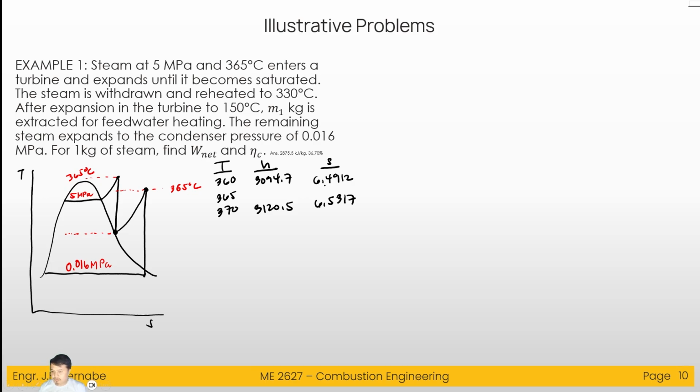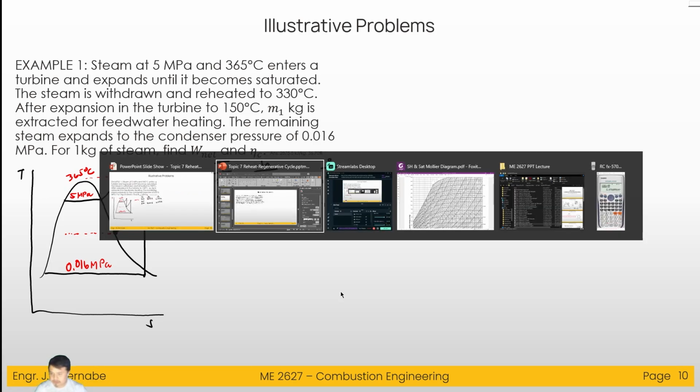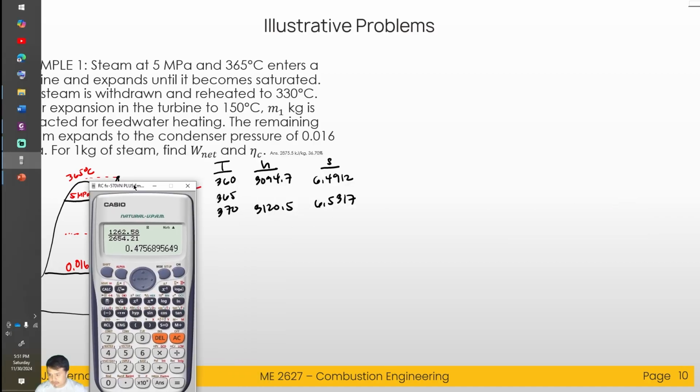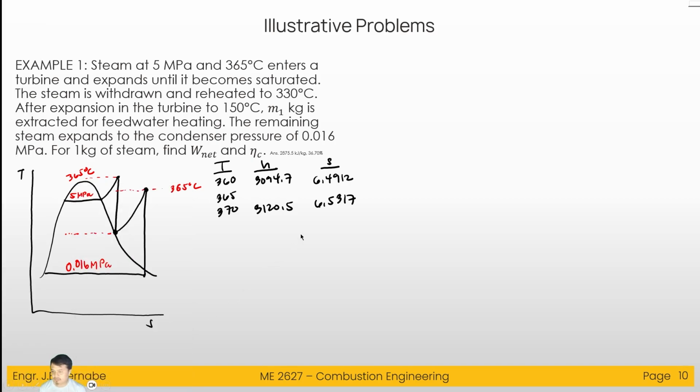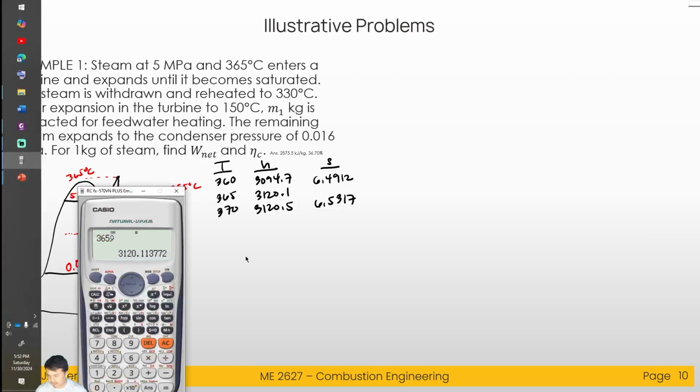For interpolation, let's solve for H1 and S1. I'll just write here the known temperatures and the known enthalpies. Then you have 365, so you have 3107.6.